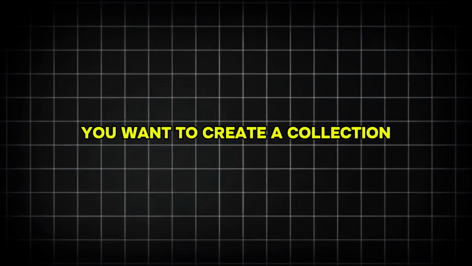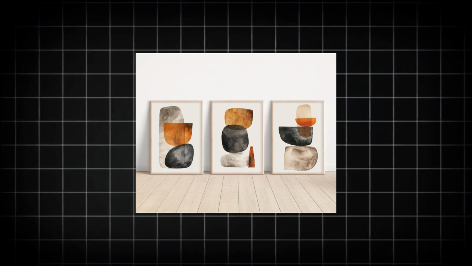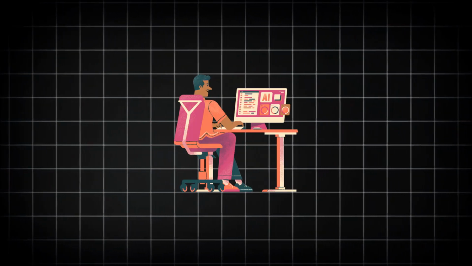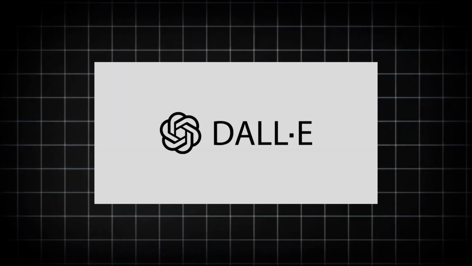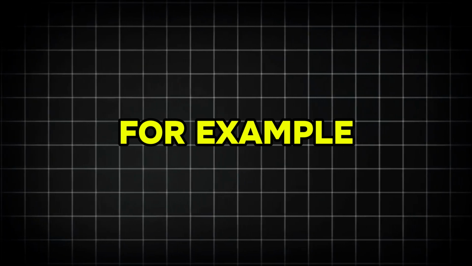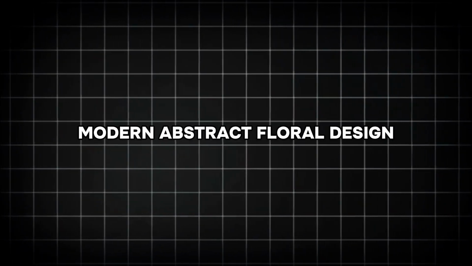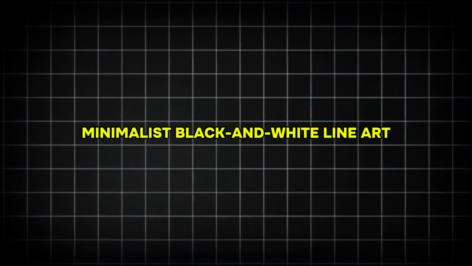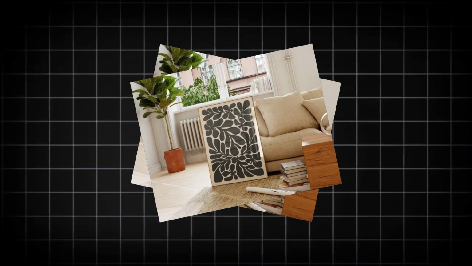Let's say you want to create a collection of abstract digital art that can be printed as wall decor. You can use AI design tools like Midjourney or DALL-E to generate creative artwork based on your prompts. For example, you could input a prompt like "modern abstract floral design" or "minimalist black and white line art," and the AI will create unique pieces of art that you can then sell.